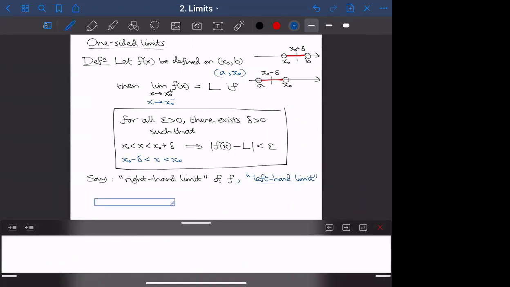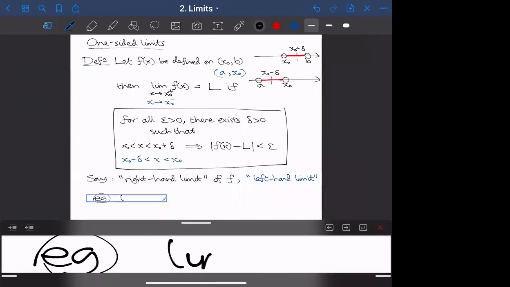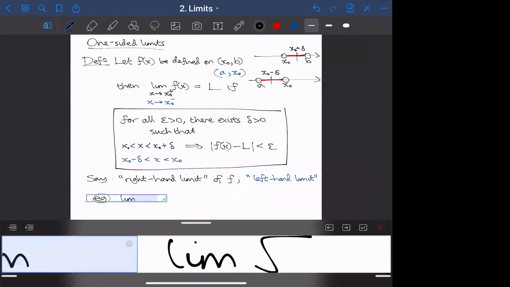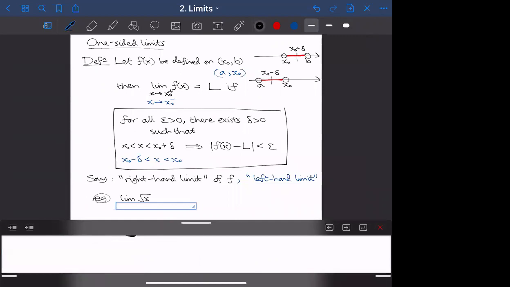So this is useful, for example, at the edge of where a function is defined. So the right-hand limit of the square root of x as x goes to 0 is 0.